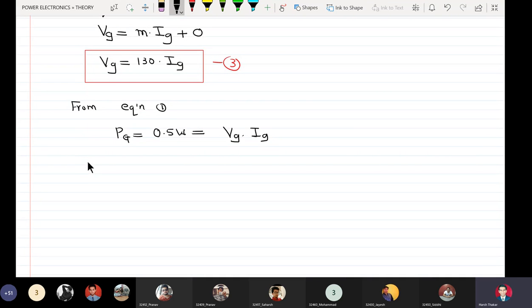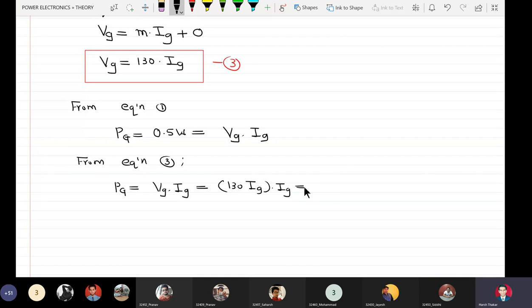Now from equation number 3, Pg is equal to Vg into Ig. Now Vg is equal to 130 times Ig. So replace Vg with equation number 3: 130 times Ig into Ig is equal to 0.5.